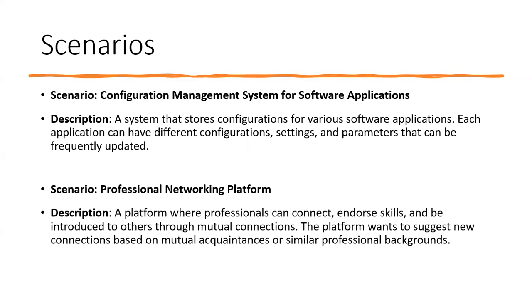Now, a platform where professionals can connect, endorse skills, and be introduced to others through mutual connections. So, seems familiar. The platform wants to suggest new connections based on mutual acquaintance or similar professional backgrounds. It seems like pretty much LinkedIn to me. So now you have a choice: maybe LinkedIn is using that kind of database for such scenarios.